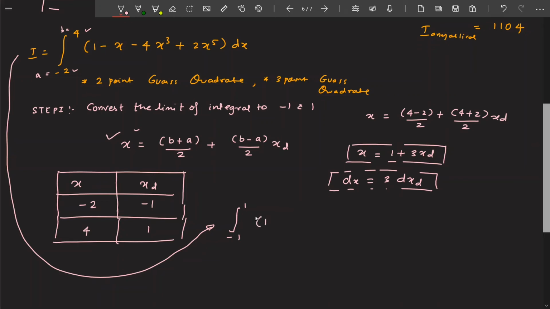In place of x, I'll replace it by 1 plus 3 xt. Let me use this bracket.